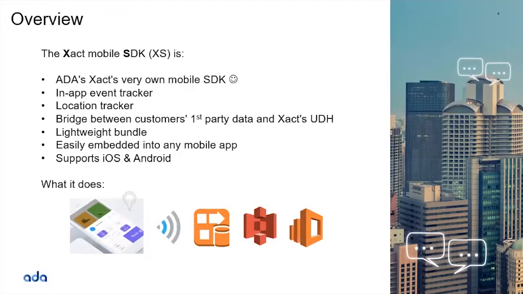Xact UDH is also in an AWS environment. And the tools being used by the data science team to process this data, there's a bunch of them. Here's a few: Elasticsearch, Elastic MapReduce, Athena, Apache Spark, languages like Python and Scala.